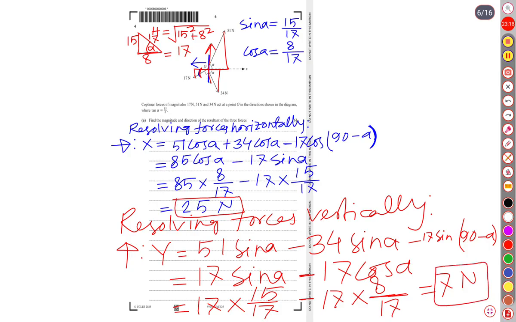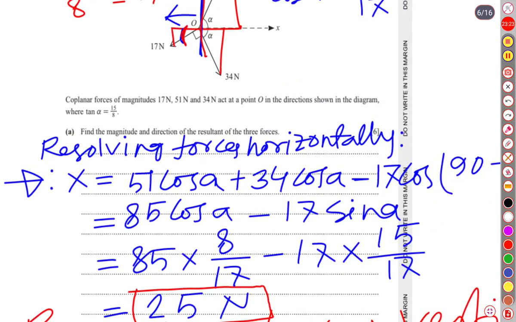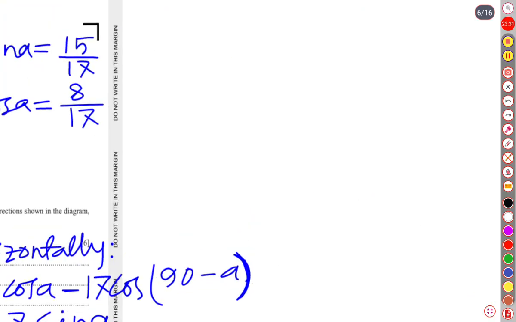Now we are going back towards our question. They told us to find what? They have told us to find the magnitude. So if we draw a diagram like this, let me show. So this is our figure. This is x direction and this is y direction.